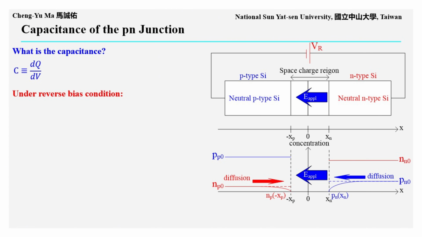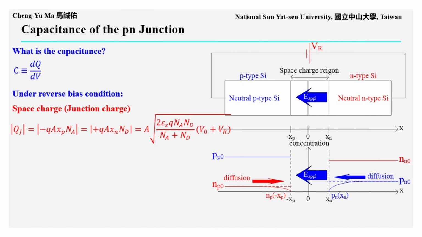First, let us look at a PN junction under reverse bias, as shown in the figure on the right. Under the reverse bias VR, if we additionally apply a small signal bias, delta VR, what kind of charge will be affected? First, let us consider the space charge, which is also the junction charge introduced in the previous section.